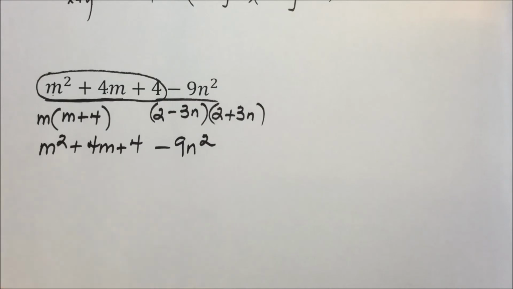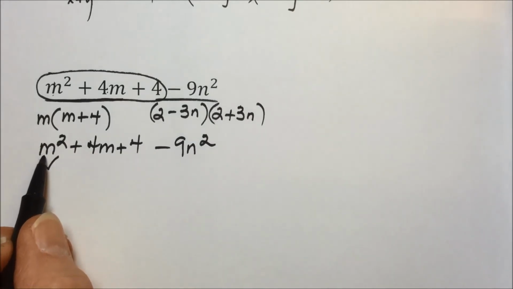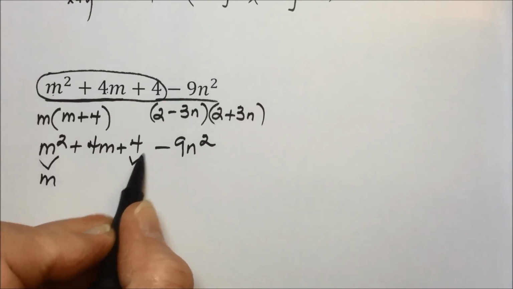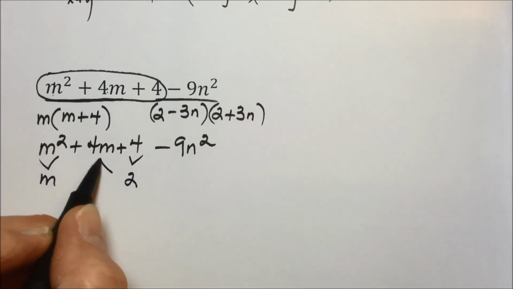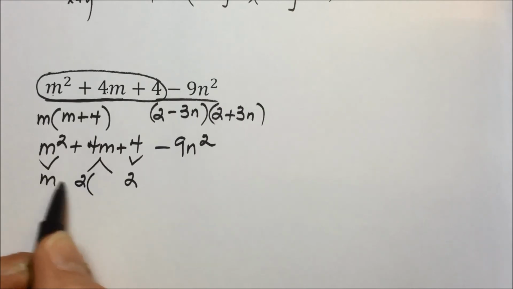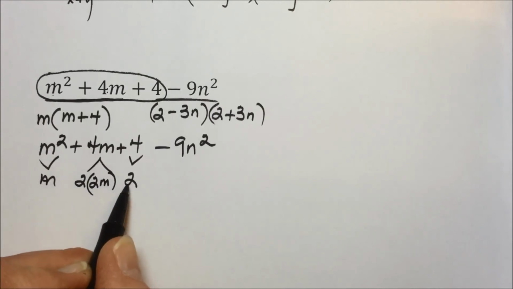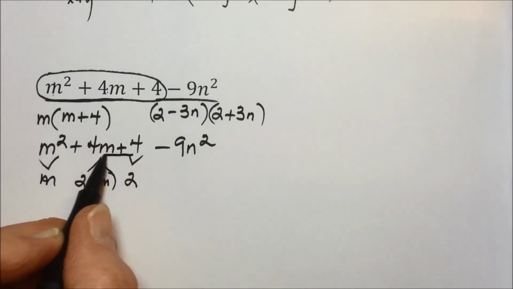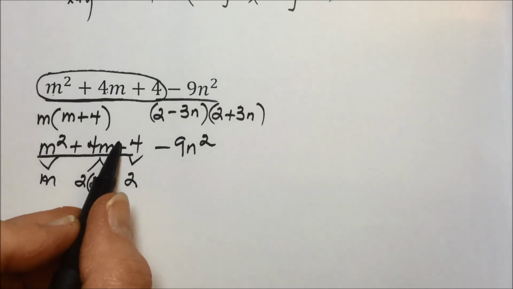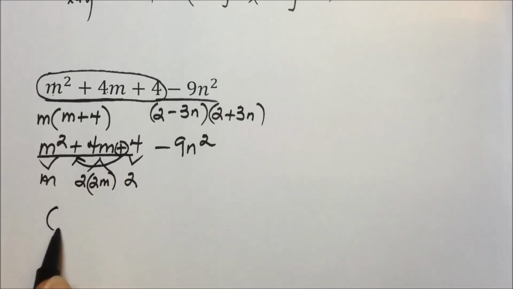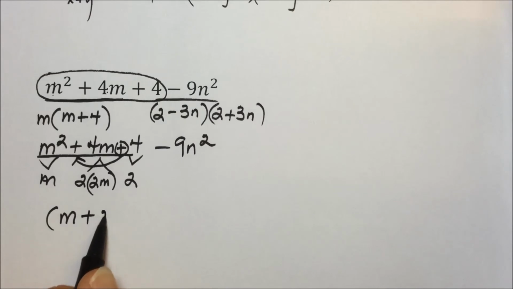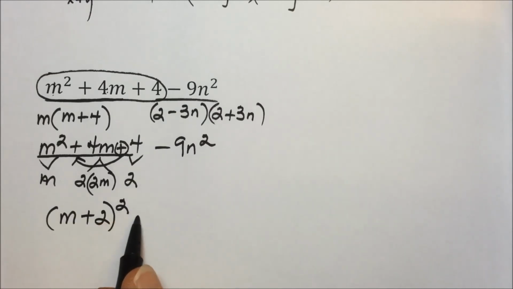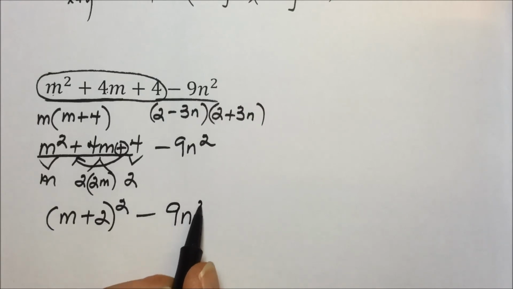We just looked at perfect square trinomials, and the shortcut for that possibility is the first term a perfect square? It is. Is the third term a perfect square? It is. Is the middle term double the product of the square root of the first and the third term? And it is. So in place of this trinomial, both signs are the same, both will be positive, we will write an m plus 2 quantity squared, and we can't forget about the minus 9n squared that we ignored temporarily.